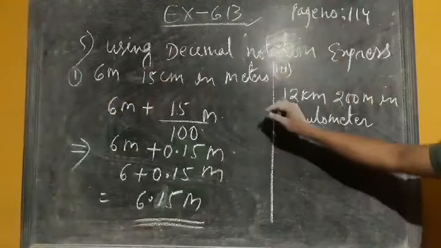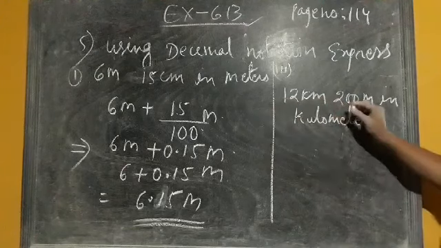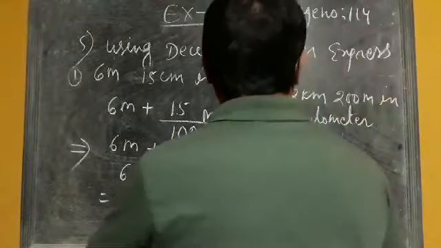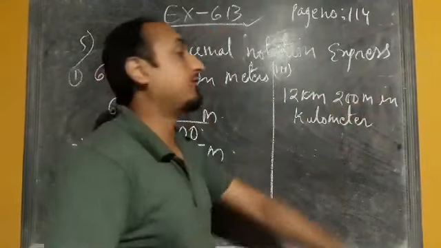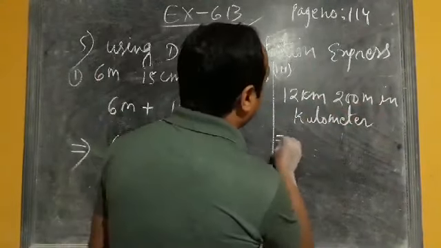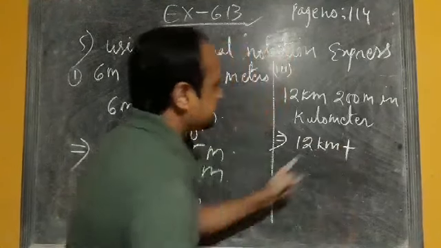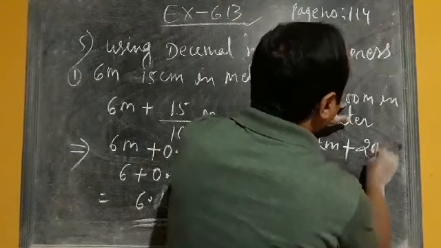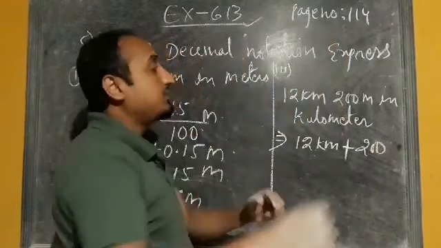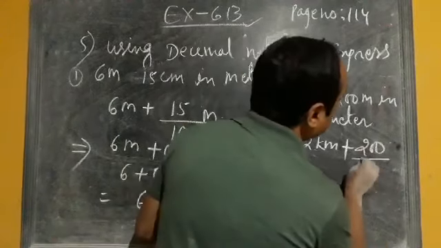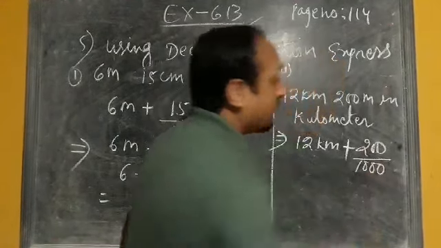Now next question we have 12 kilometer and 200 meters in kilometer. Kilometer will remain as kilometer. This meter can be converted, so I will write this as 12 kilometer plus this 200 meter. When we convert meter into kilometer we have to divide by 1000, not by 100.